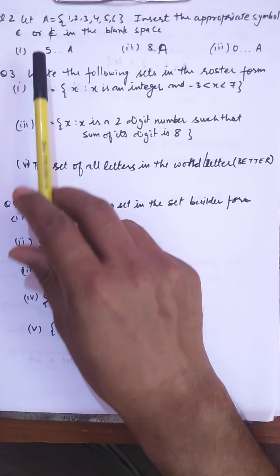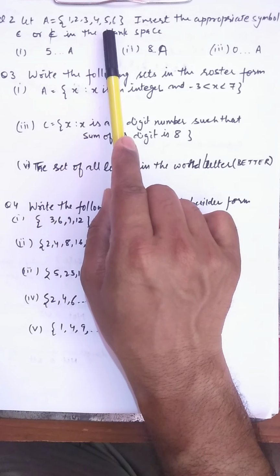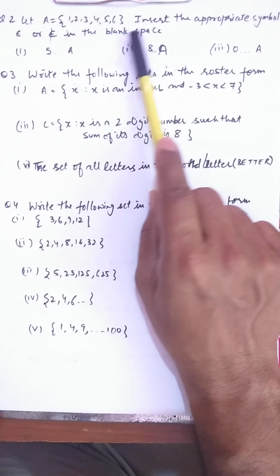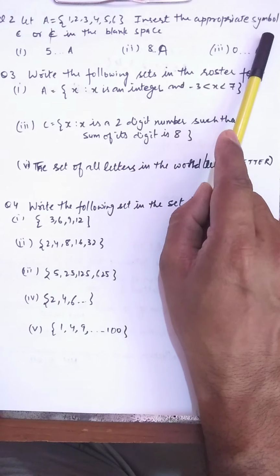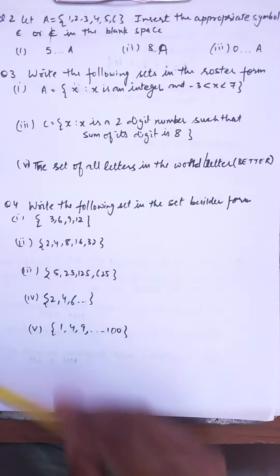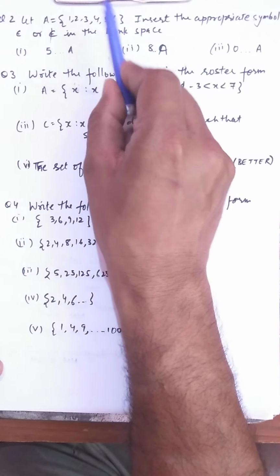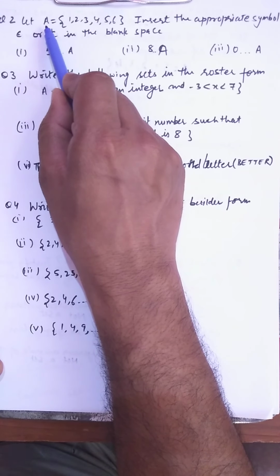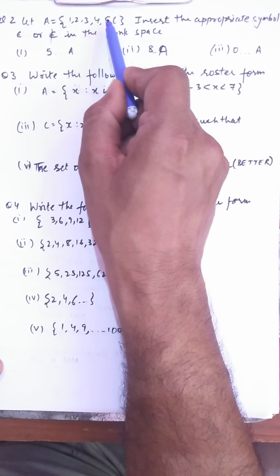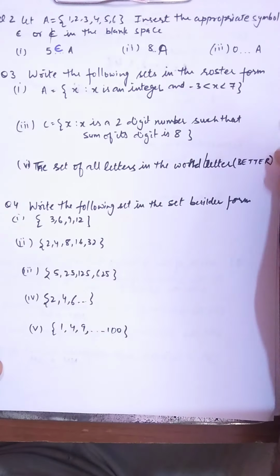Now come to question number 2. Let A = {1, 2, 3, 4, 5, 6} be a set, and insert the appropriate symbol, belongs or not belongs, in the blank space. Now you see the first part, 5. This is an element of set A, so we can say that 5 belongs to A. So we'll use this symbol, belongs.